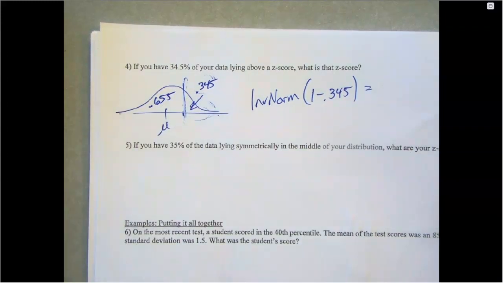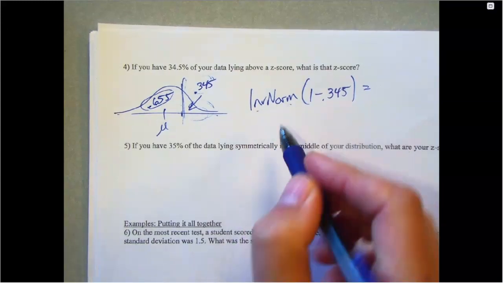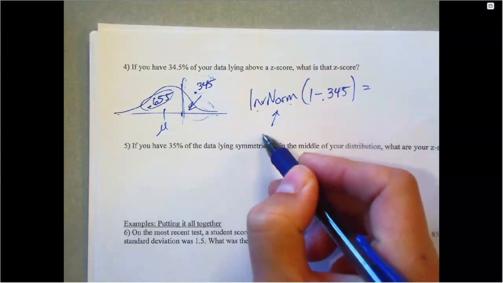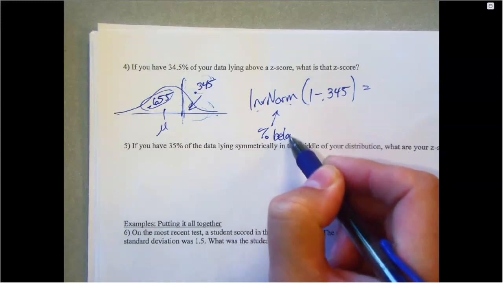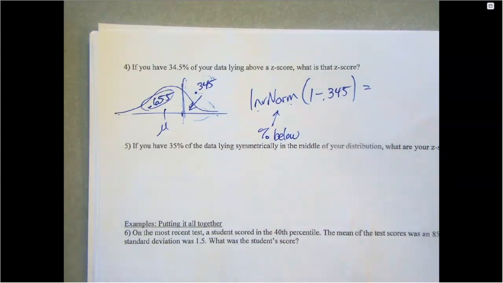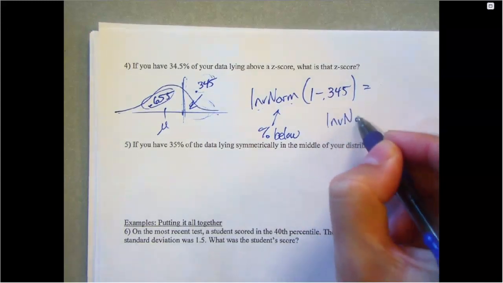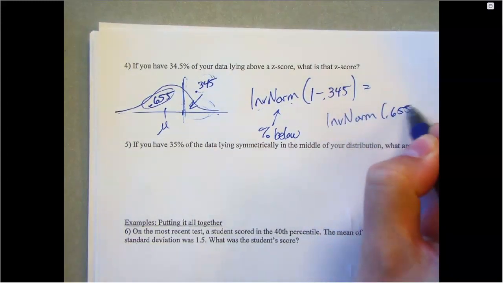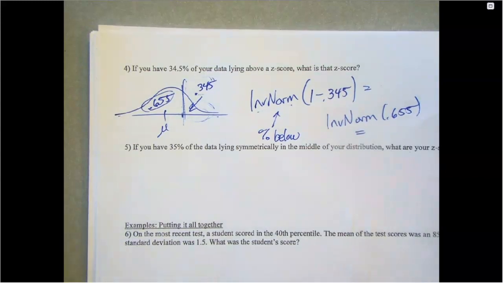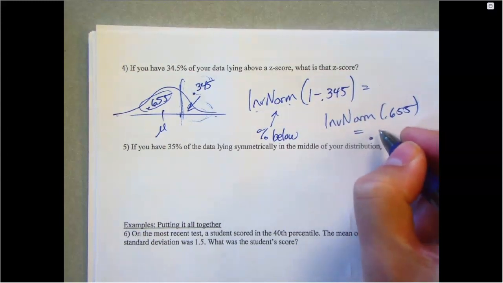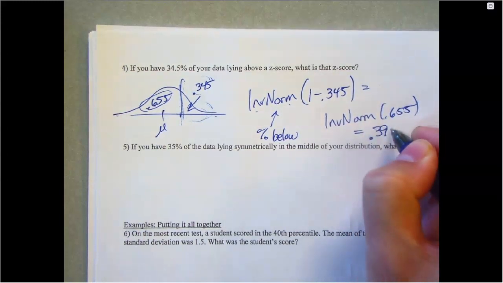Unless you have the fancy calculator, you have to use this number because when you do inverse norm, your calculator automatically assumes you're telling it the percent below. If I ask above, you've got to flip it, meaning subtract from 1. So I do inverse norm of 0.655, and I get 0.399-ish.